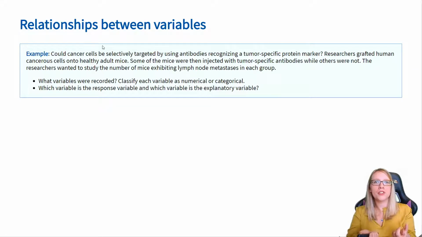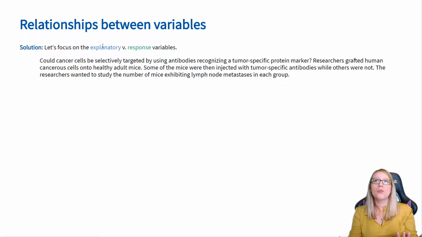The goal of the researchers here is to study the number of mice exhibiting lymph node metastases, so beginning to show some signs of cancer in those two groups. So we want to know what variables we've recorded, and we'll focus on this second question. Which variable is the response? Which one's the explanatory?